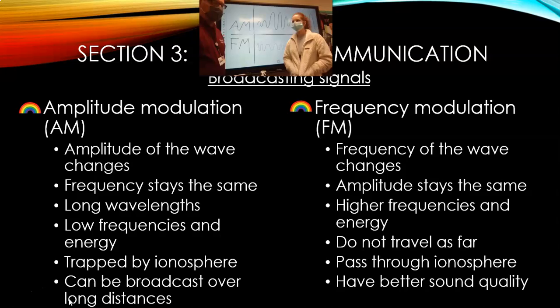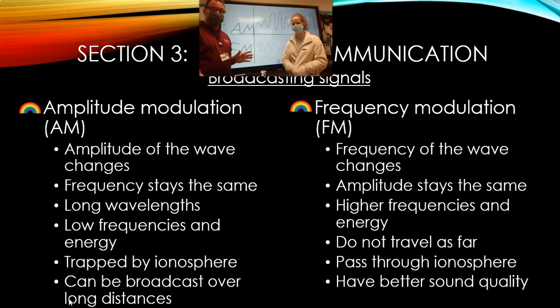One other thing you need to know is when we draw our electromagnetic spectrum, we always have radio on the low frequency side. For AM and FM, AM is lower than FM. So if you were drawing the sub context of radio, you would put AM on the left, FM on the right.